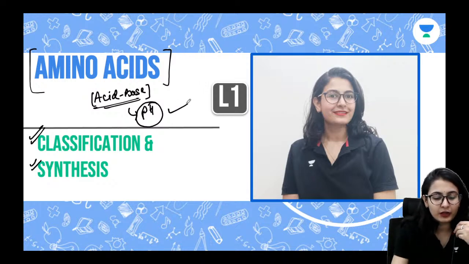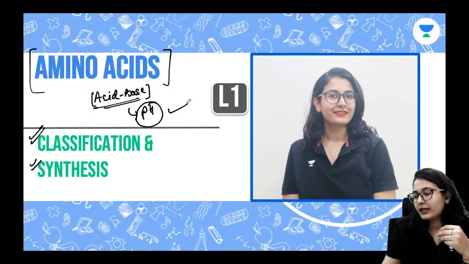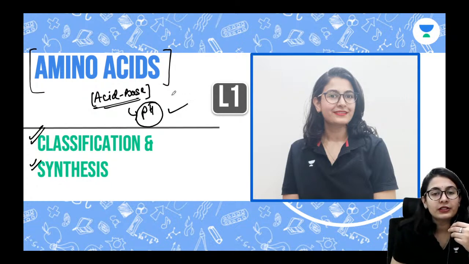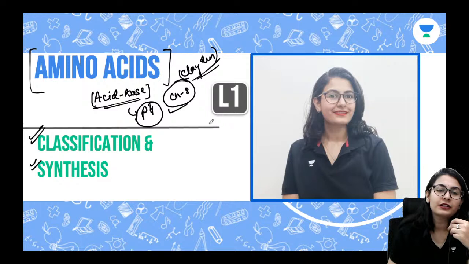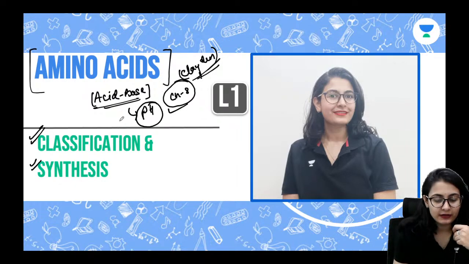Pehle confirm karo, you have seen that session, yes or no? I had also referred chapter number 8 from the Clayden book. Have you studied chapter number 8? Or at least if you have a basic idea about the acid base properties, it will be very easy to understand the amino acids.